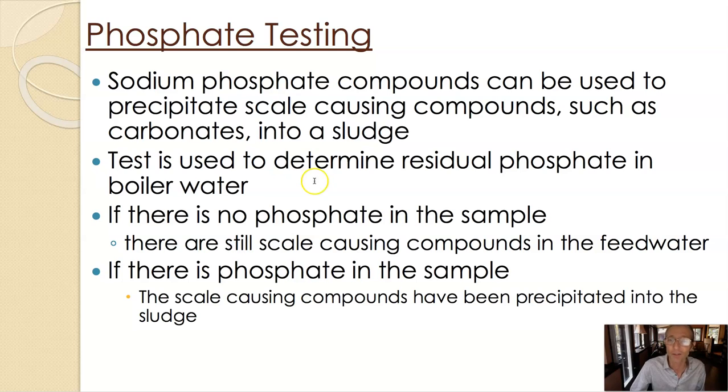So we're checking for the residual, just like we checked for residual sodium sulfate when we were doing our oxygen testing lab. It's the same idea here. We're just testing to make sure that we have some phosphate left over, which means, right, that the scale-causing compounds have been precipitated into a sludge. If there's no phosphate in the sample, there's still scale-causing compounds in the feedwater.